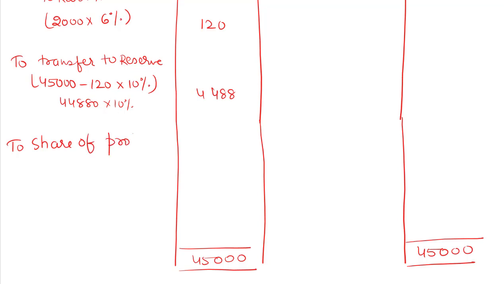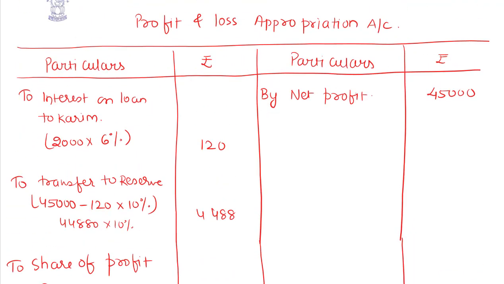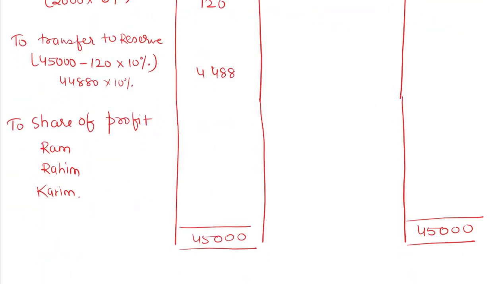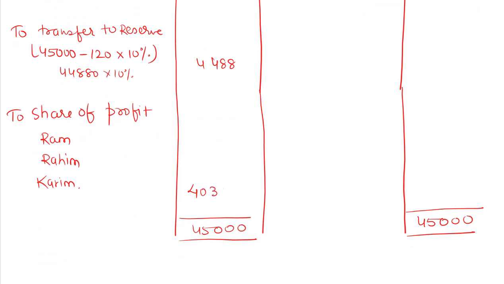Share of profits, Ram, Rahim, Kareem. 45,000 minus 120 minus 4488, 40,392. 40,392 multiplied by 1 by 3, 13,464 each.